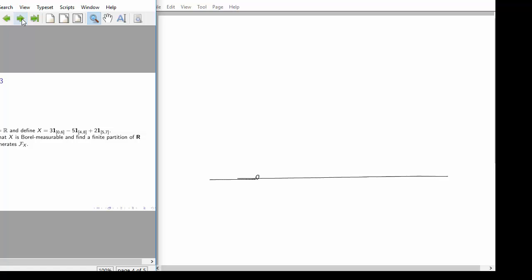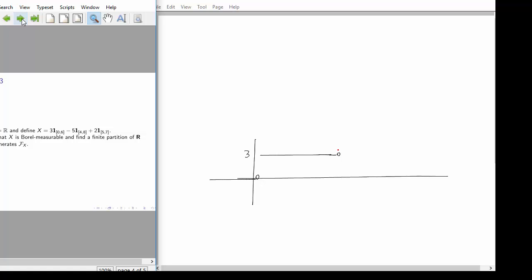But the payoff abruptly jumps to 3, and it remains at 3 for values up to but not including 4.